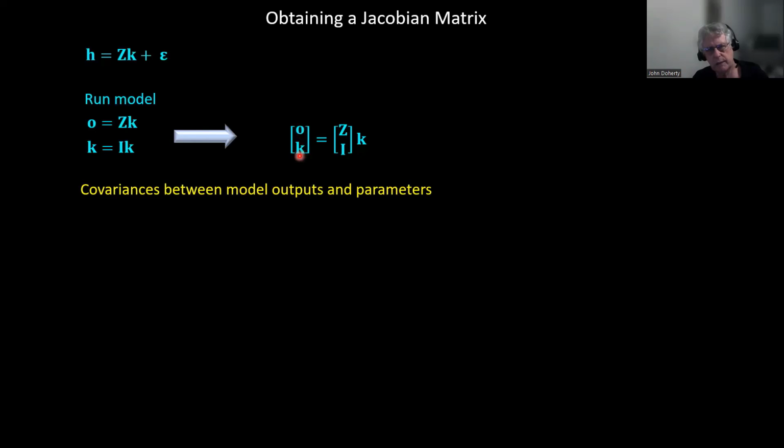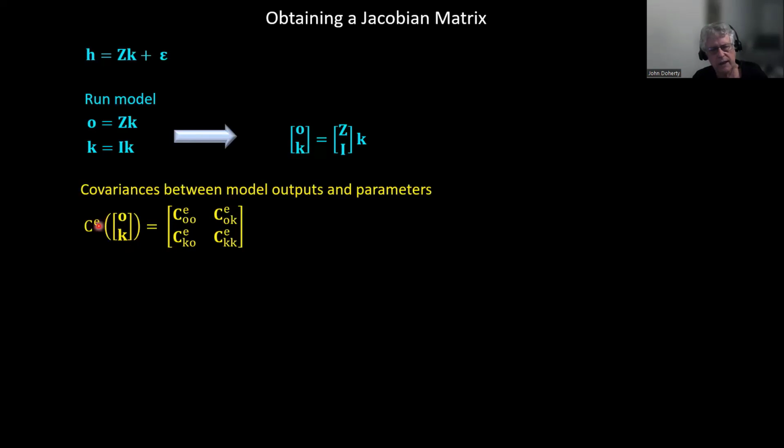Remember, K is random, so is O. So there's a covariance between them. And I'm going to use a sneaky but obvious trick to calculate an approximation to Z from the covariance between them. And I'm just going to calculate these covariances empirically from the realizations of parameters and consequential model outputs themselves.